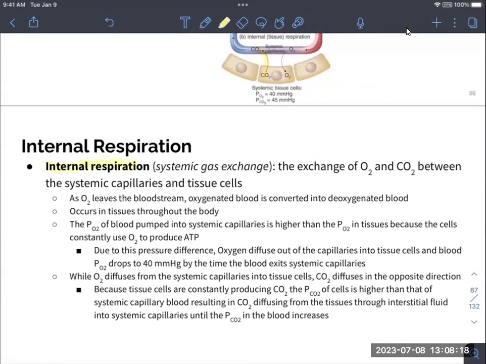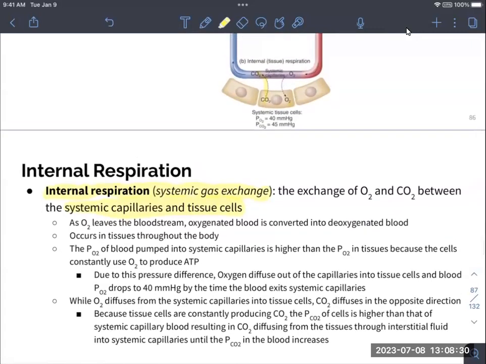Internal respiration is that actual gas exchange that is happening between the capillaries and the tissues. So oxygen, which is what the bottom part of the picture right above shows, because the pressure of oxygen inside the blood is higher than the cells, again, oxygen is going to go from an area of high pressure to an area of low pressure.